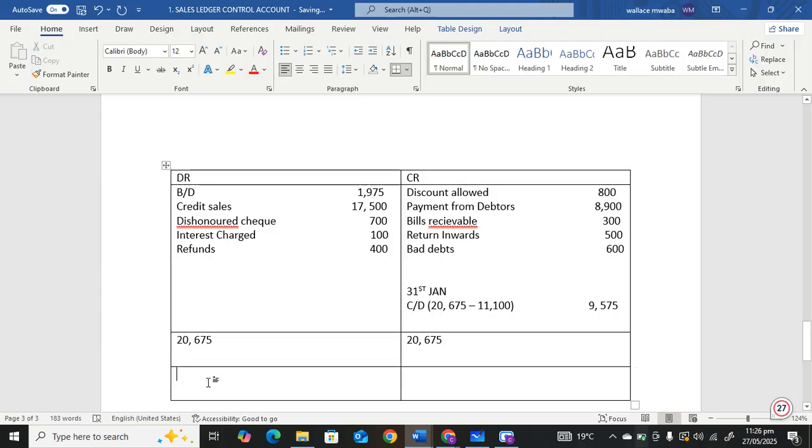Then you come on the opposite side, beginning of February, 1st February, you say balance brought down, the same 9,575. Yes. Any questions?